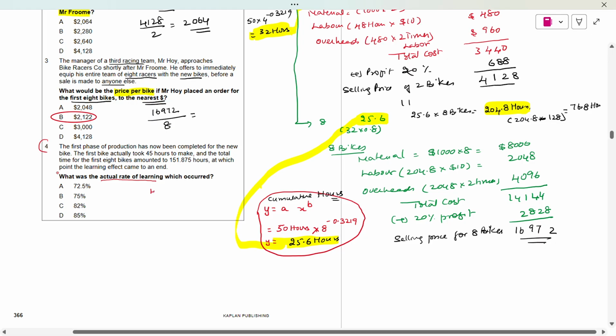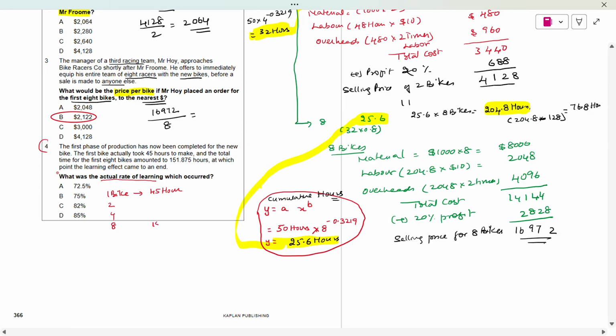It took 45 hours. And the total of the first 8 bikes, that is the first 1, 2, 4, 8, how many hours did it take? 151.875 hours. At which point the learning effect came to an end.